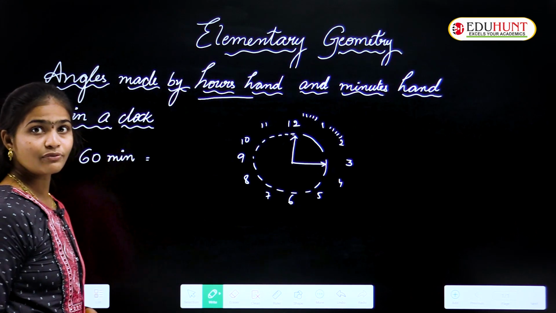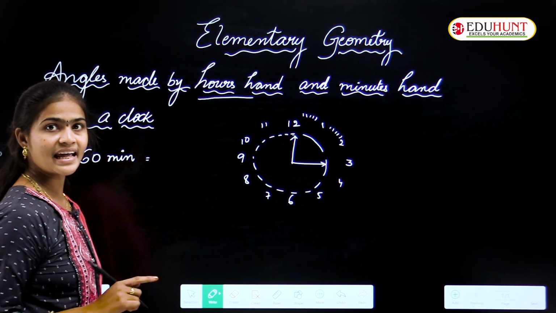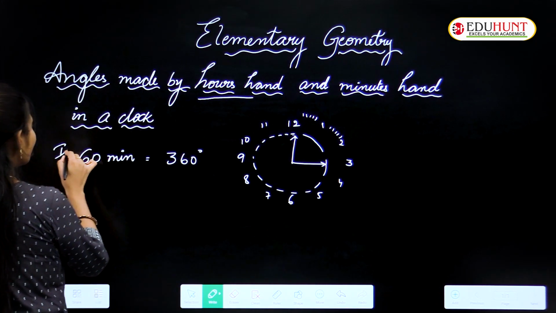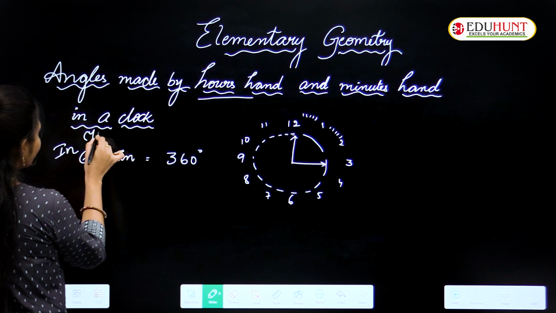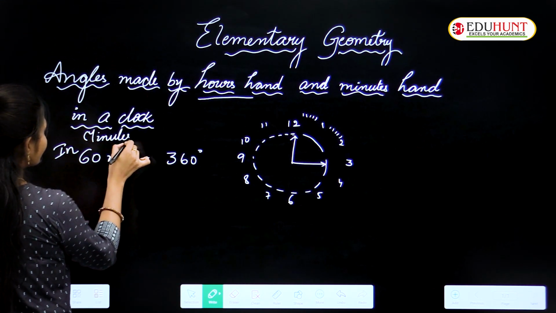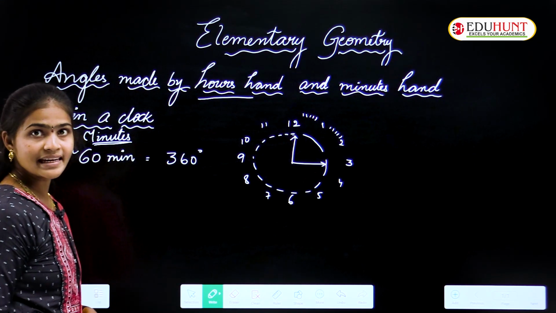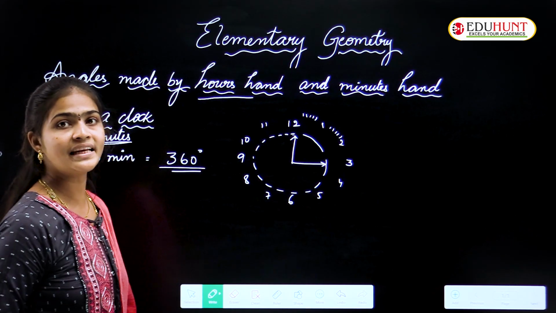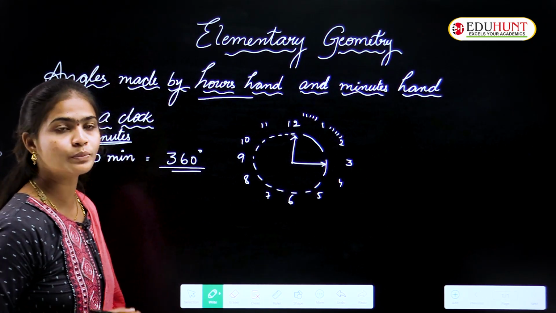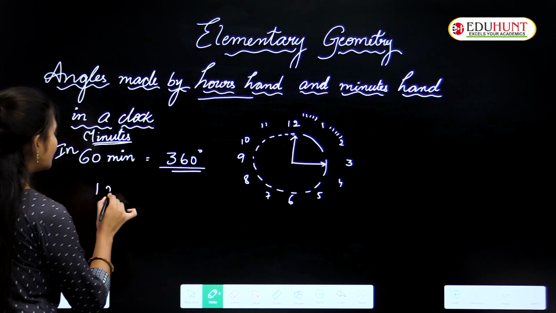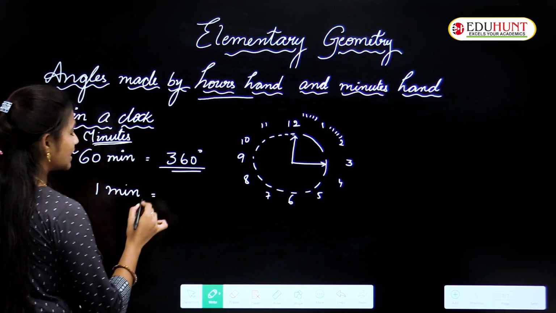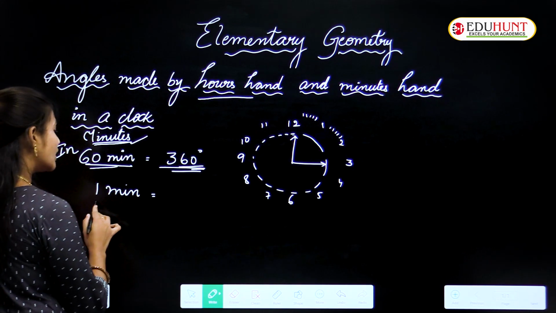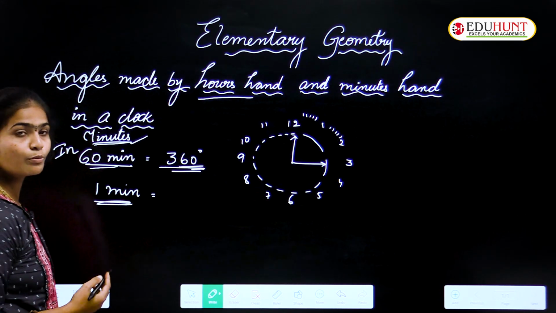We already know that one complete rotation means a complete angle, equal to 360 degrees, right? So in 60 minutes, the minutes hand covers 360 degrees. So in 1 minute, how much angle does the minutes hand cover?